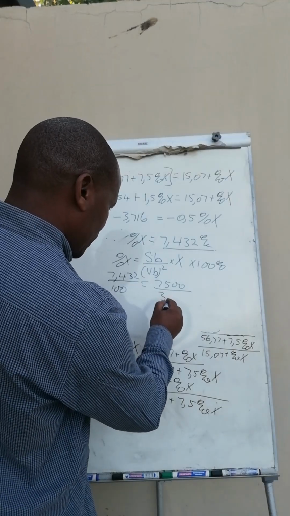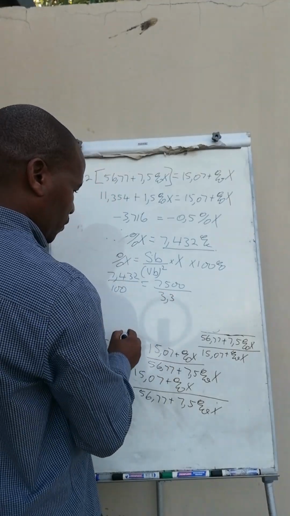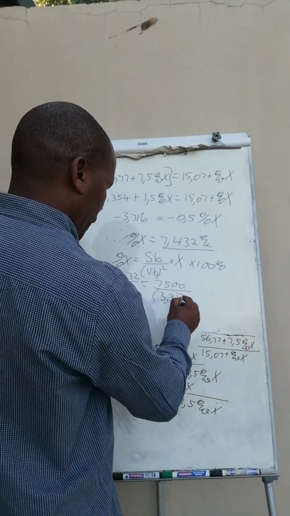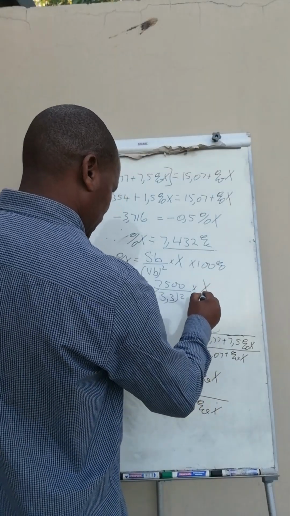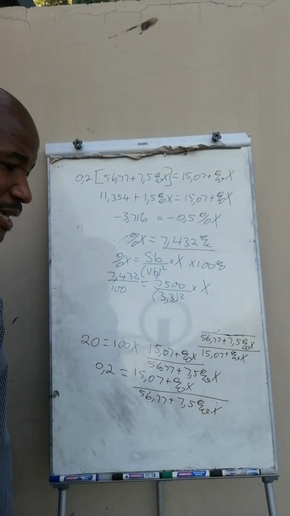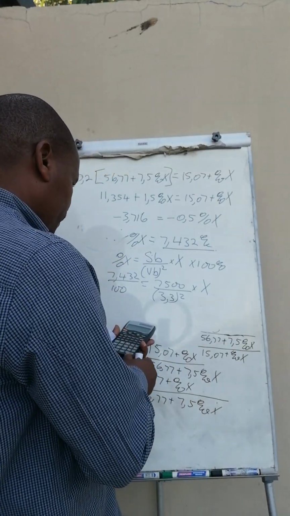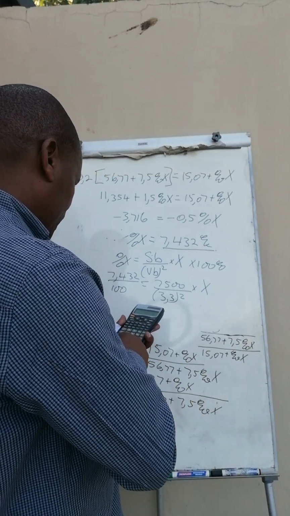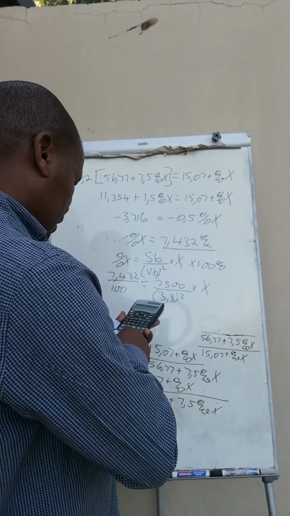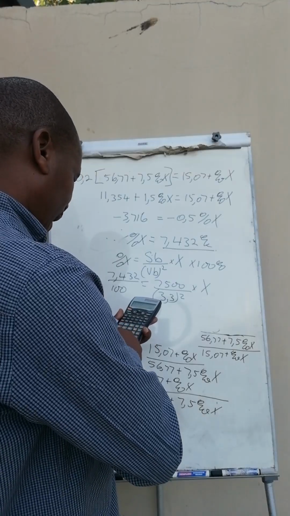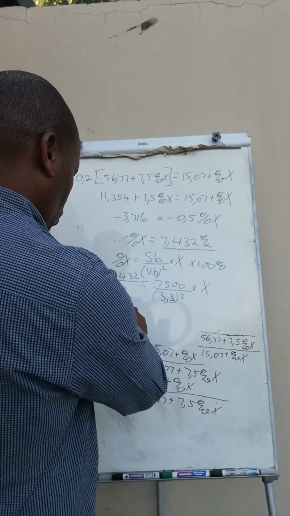Let's convert it to kilovolts. It's 3.3 squared multiplied by x. That's how I see it. Let's see. 7.432 divided by 100.